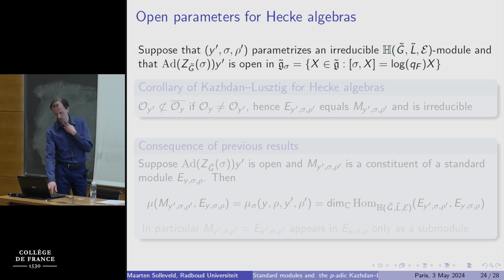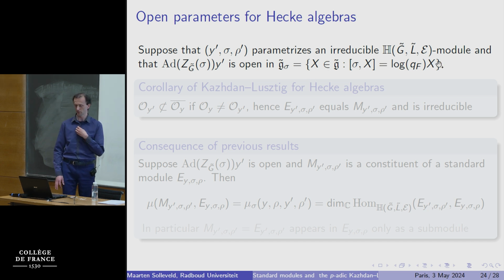So you may consider parameters where you have a nilpotent element y prime or y and a semi-simple element sigma, and suppose that now this y prime is as large as possible, in the sense that the orbit of this y prime is an open subset of this vector space of nilpotent elements that came into consideration in the first place.